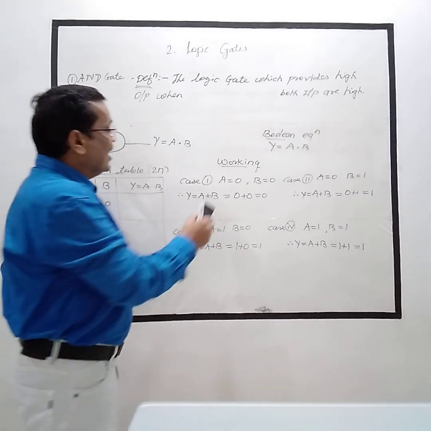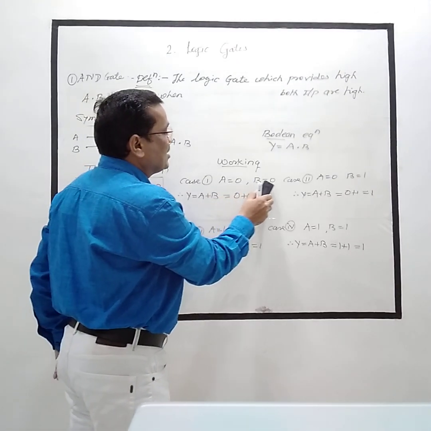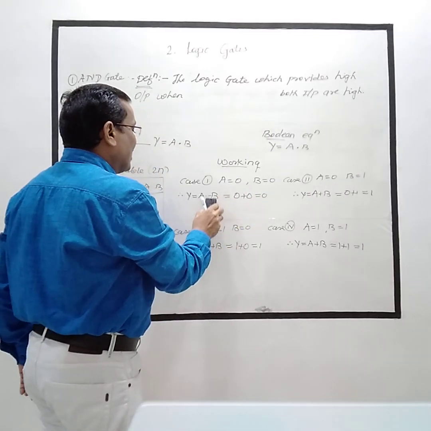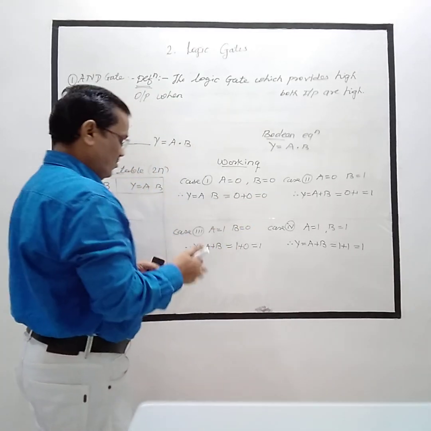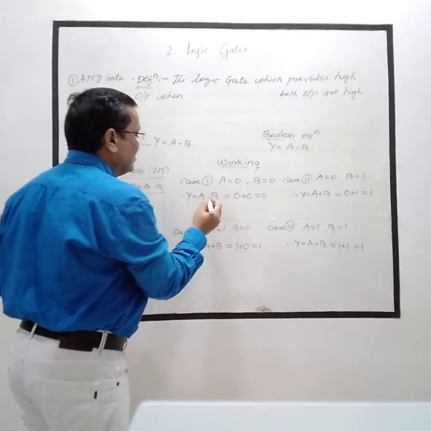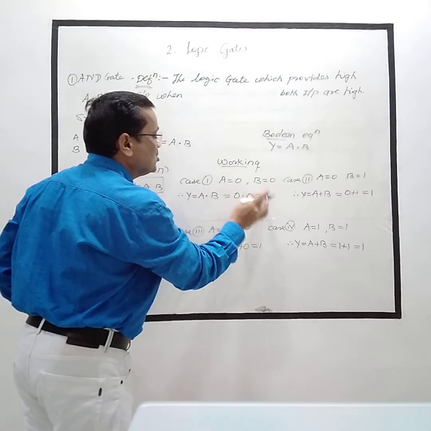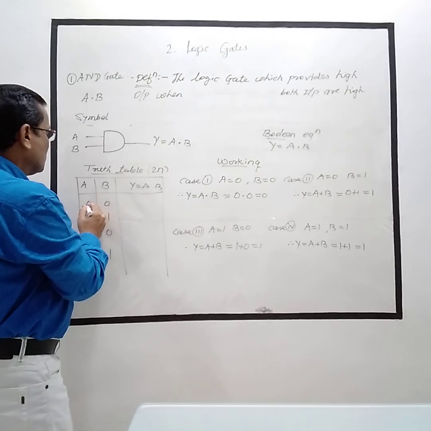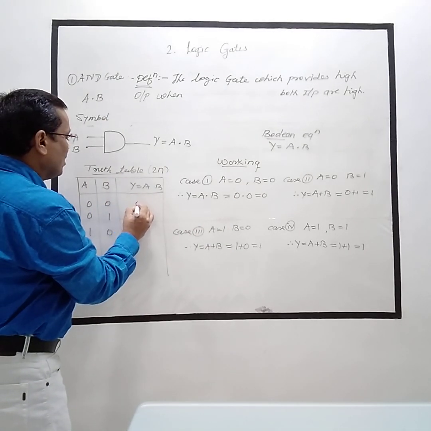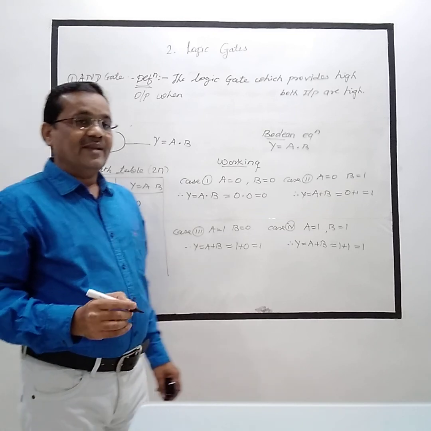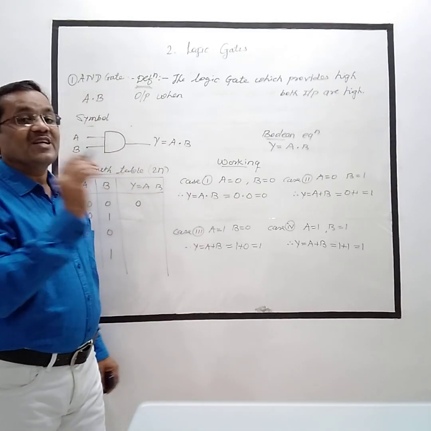Here in this case, A is equal to 0, B is equal to 0. Then according to the Boolean equation, y is equal to A dot B, 0 dot 0, which is equal to 0. So the output of the AND gate is 0 for the first condition.